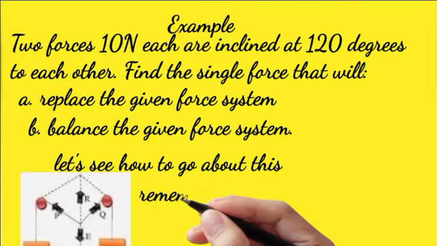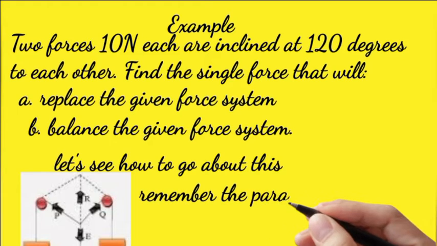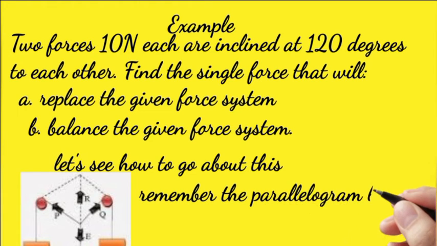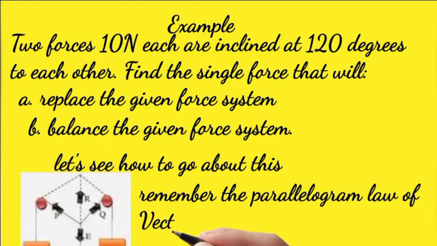I told you previously that to get the resultant force, we use the parallelogram law of vector addition, that states that if two forces are represented by the adjacent sides of a parallelogram, then the resultant can be determined in magnitude and direction by a line drawn from the diagonal of the parallelogram, and is taken in order.